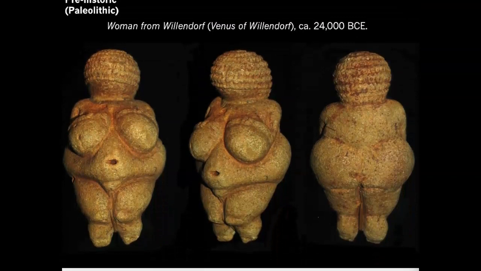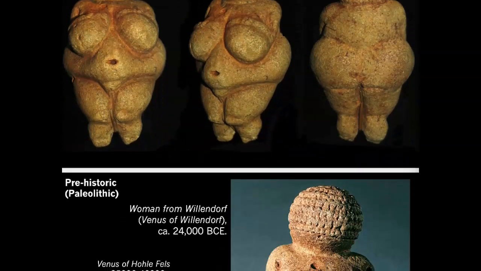We can see that the artist has paid attention to modifying some of the shape of the natural form of the rock, with an emphasis on her breasts, her belly, and her thighs, and a lack of naturalism or accuracy in the shape of her arms. We don't see any wrists or fingers. There's no face, right? So this probably isn't a specific portrait of a woman, or if it is, it's not what we consider a portrait of a woman.